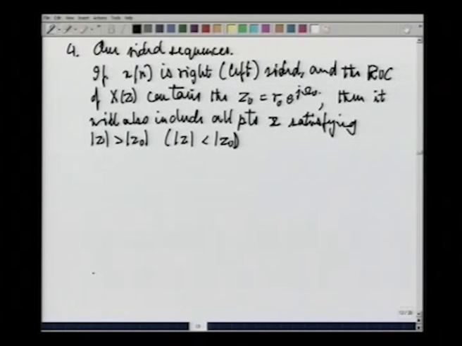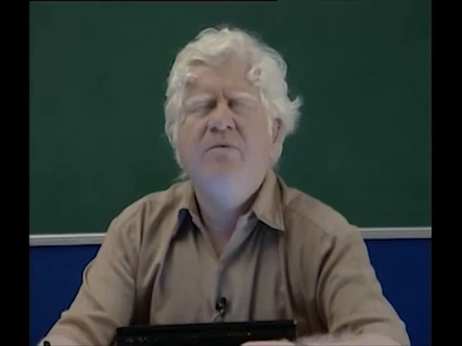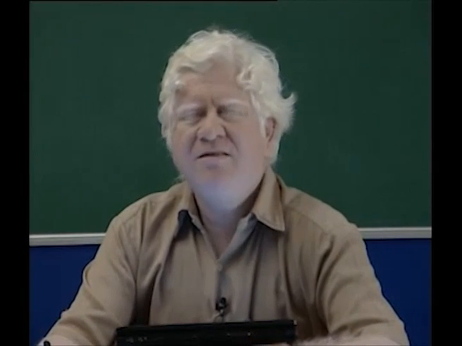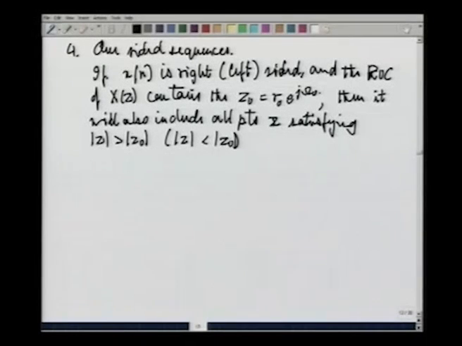Now, this is proved by a process that is extremely analogous to similar proofs for the Laplace transform case, so we will not bother to go into this further. All we need to point out is that by making this combined statement for the left and right sided sequences, we are actually making two statements.